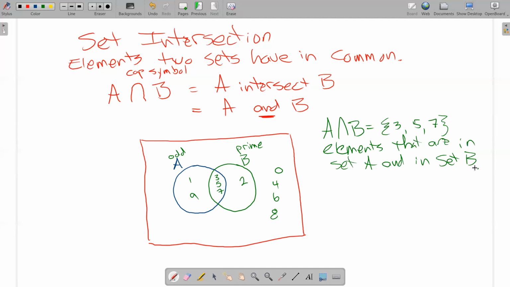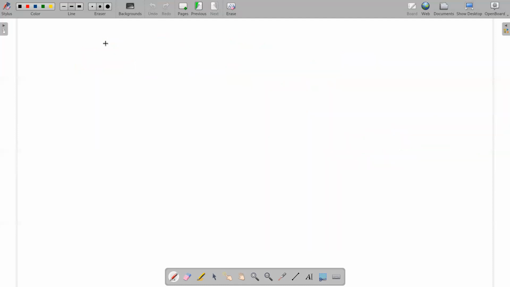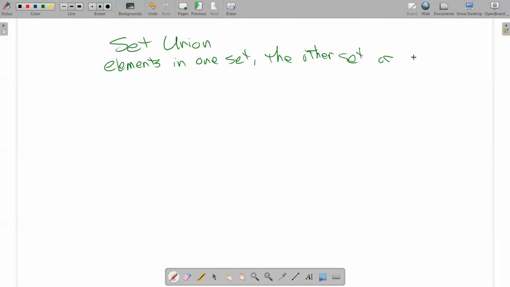The next big relationship with sets is union. Set union would be the elements that are in one set or the other set or both. And so the union of two sets is written with a regular U without a line coming down.